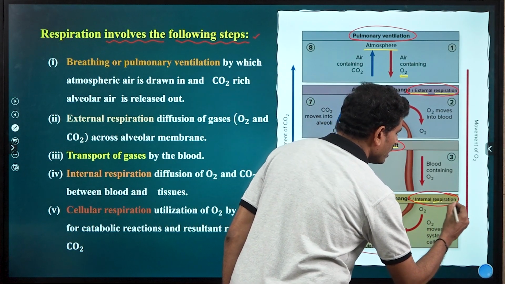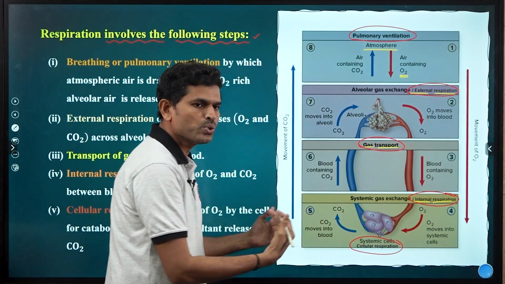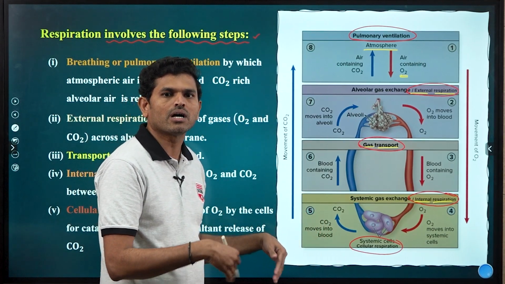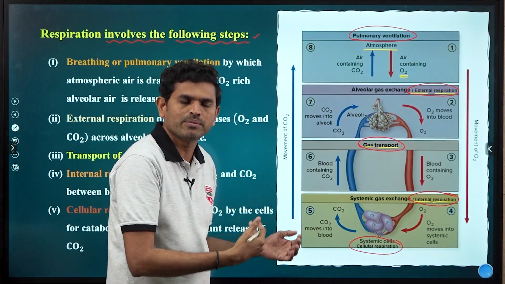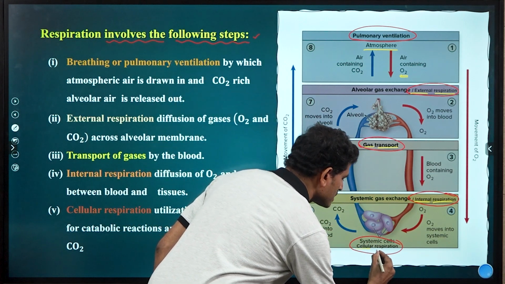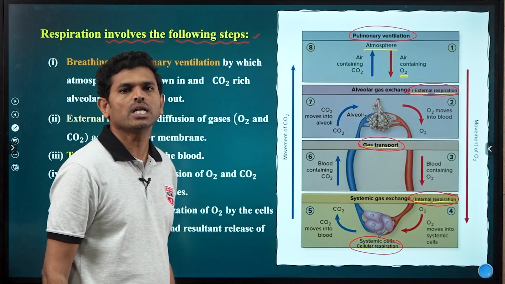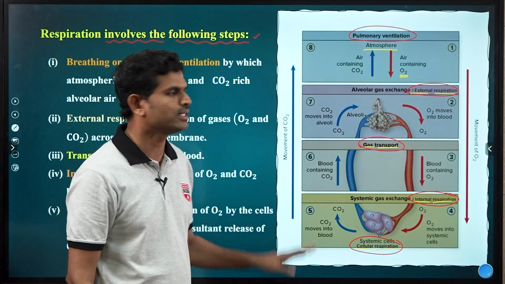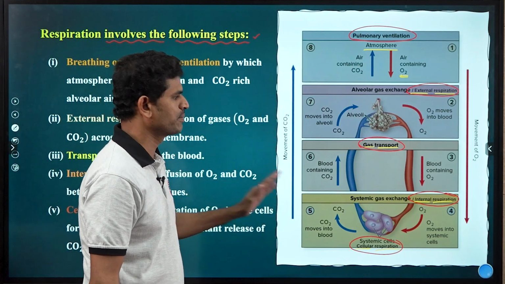That is called internal respiration. Now the tissues or cells make use of these gases. This is called cellular respiration, which is the actual respiration process. So these are the events of respiration.